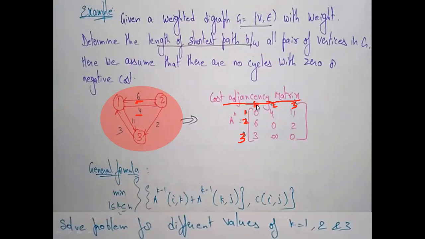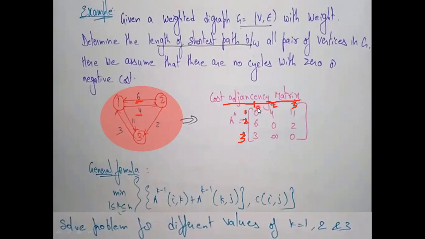So 1 to 1, 0. Next 1 to 2, what is the cost? 4. You must write 4 here. Next 1 to 3, the cost is 11. Next 2 to 1, the cost is 6. Next 2 to 2, no loop, so it is 0. 2 to 3, cost is 2.